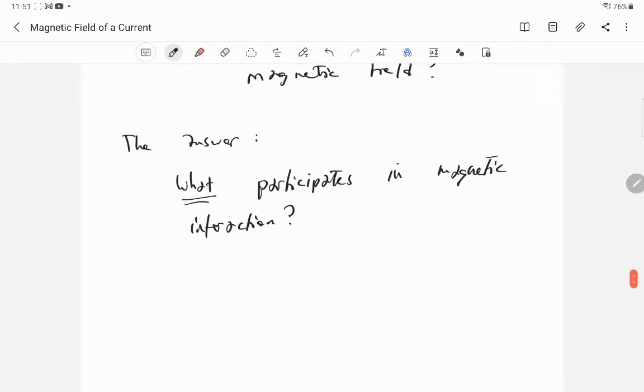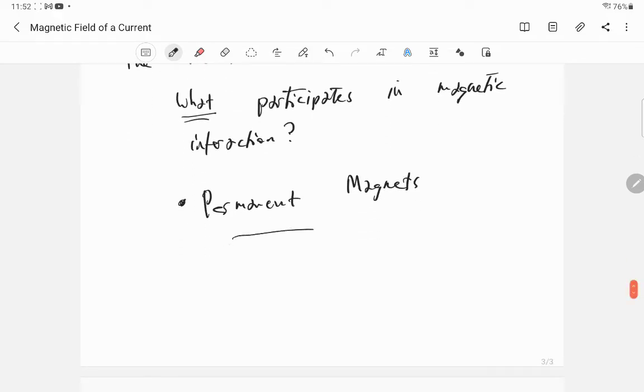What kind of thing participates and has magnetic force? And one answer are these things called permanent magnets, right?